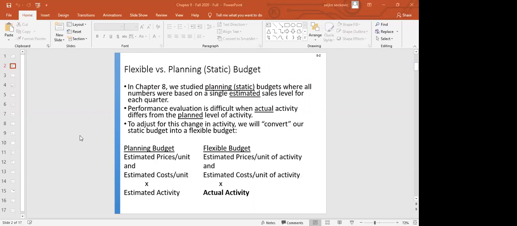Otherwise, everything would be easy to figure out if we just based everything on the activity, but we would be misled easily, right? We would say, well, we did well or not. Again, you will go through the example in this lecture.